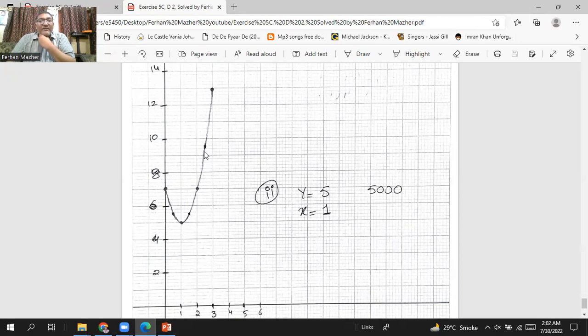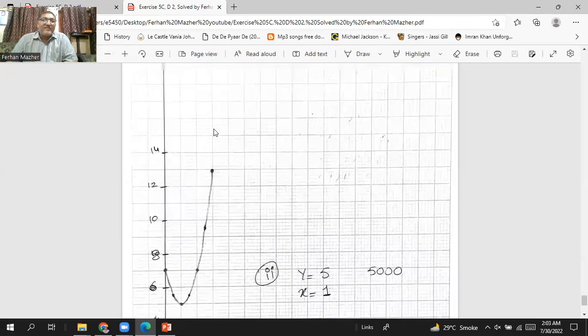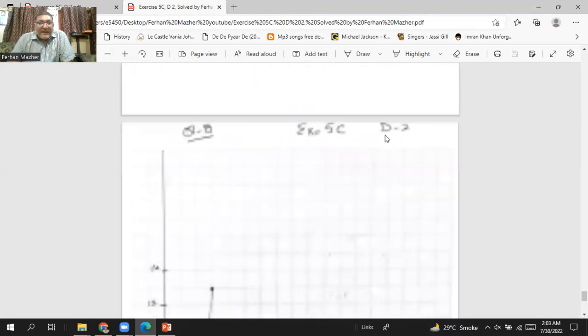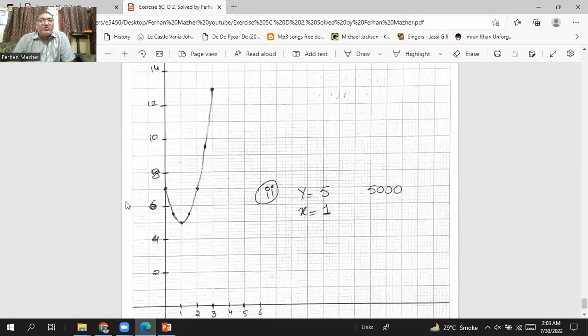At 3 you have... not at 3, at 2.5, sorry. And at 3, you have a value of 13. So I will join these points. According to that table, I will put the dots in my graph paper, and then I will join them with a smooth curve. Okay, so this is that smooth curve.